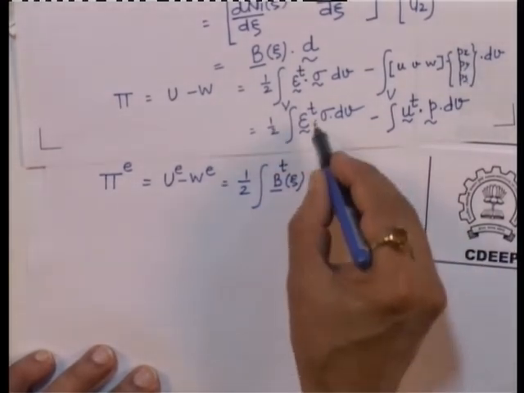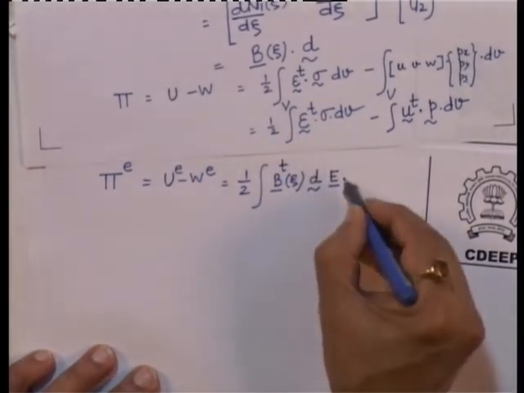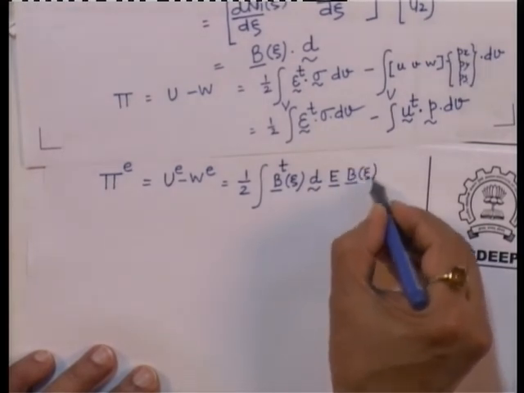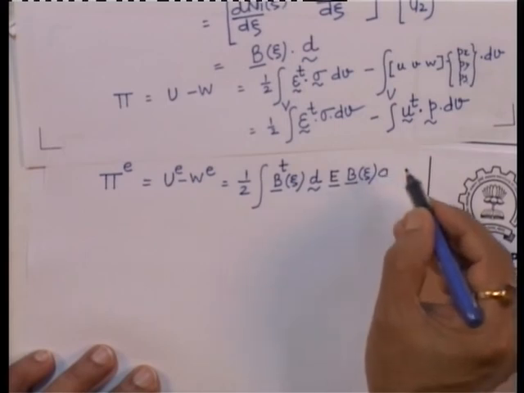Transpose, and then E, and then again B, because again it is strain.